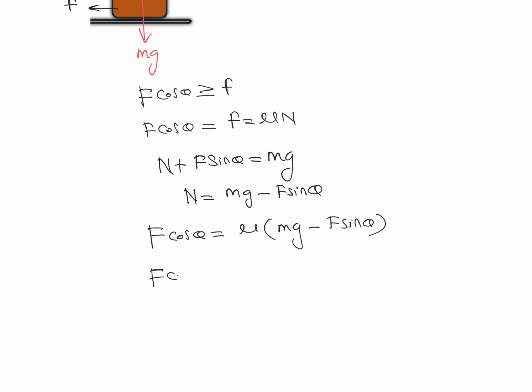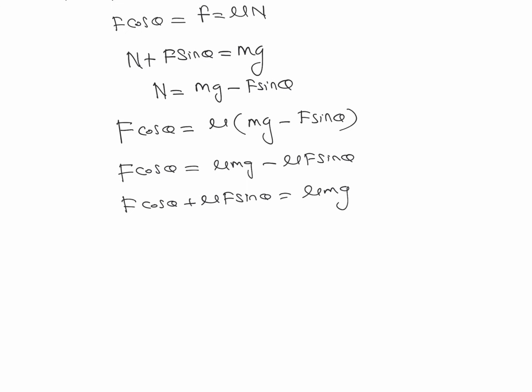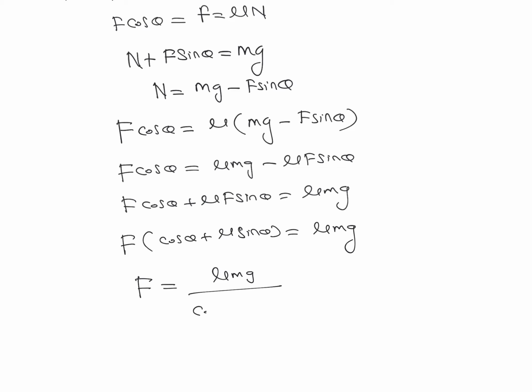If you expand this equation, f cos theta is equal to mu mg minus mu f sine theta, or you can write this as f cos theta plus mu f sine theta is equal to mu mg, or f into cos theta plus mu sine theta is equal to mu mg. That means the value of f is equal to mu mg divided by cos theta plus mu sine theta.